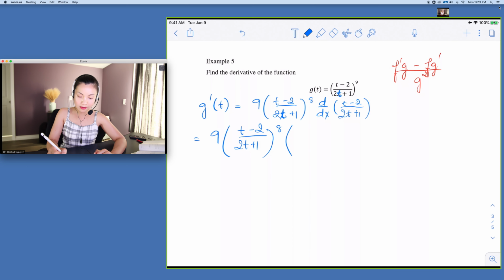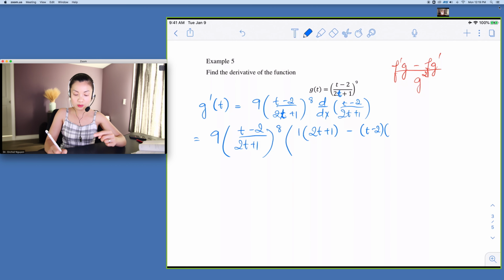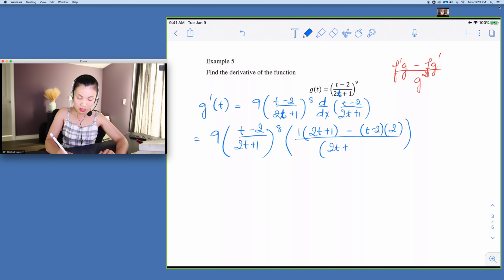So what we have is 1 times (2t plus 1), and then minus (t minus 2) times the derivative of 2t plus 1, and then over (2t plus 1) squared. All right, what I need to do right now is simplify it.